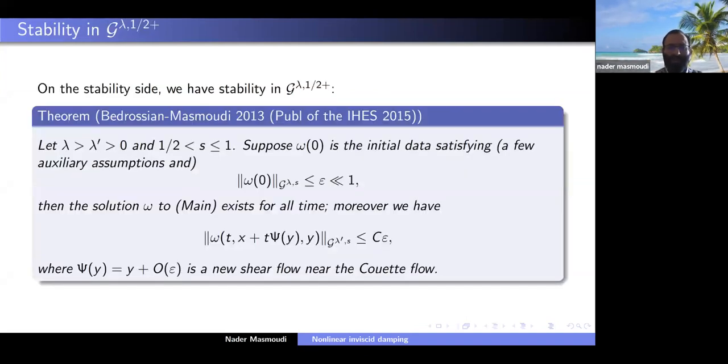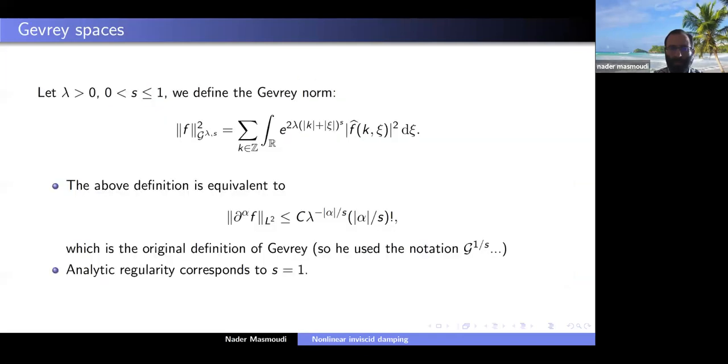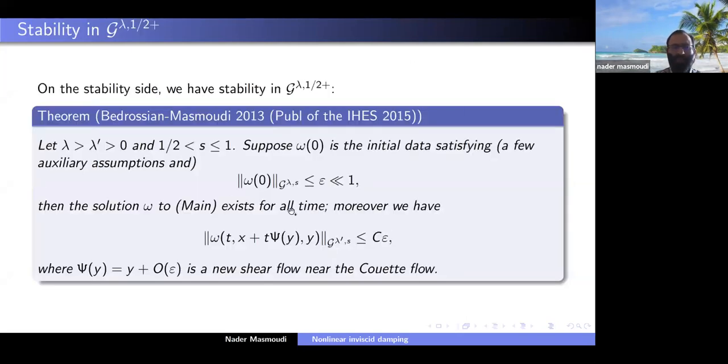Now this is the result with Jacob. Just to recall, there are two indices, lambda and s. s is the power you see here, and lambda plays the role of the radius of analyticity when you are analytic. The result says that if you take a perturbation which is small in this kind of space, then the solution will stay uniformly bounded in a space where you lose a little bit on lambda.